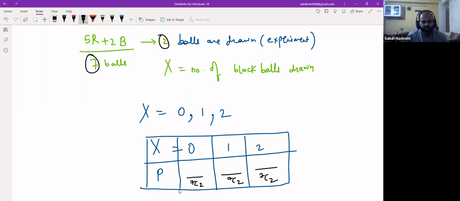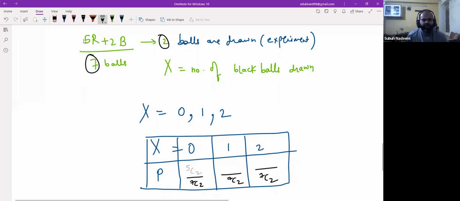Now, how many ways are there that you get zero black balls? That means you are getting only two red balls. So out of five red balls, you are selecting two red balls. If you come to one black ball, that means you are getting one black ball and one red ball.